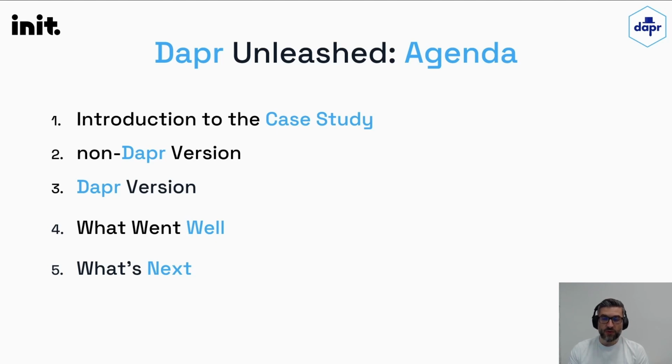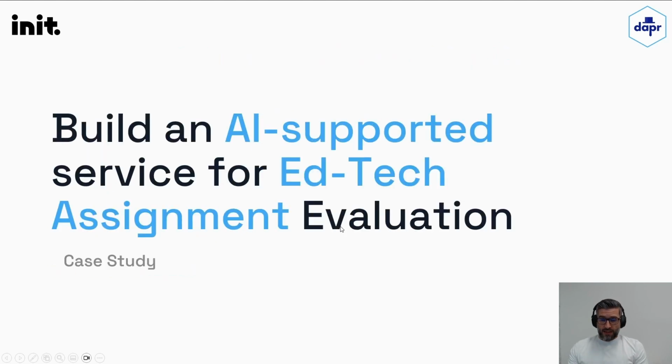During that, I will show the C# source code and point to only the most important code snippets from Dapr's perspective. Finally, I will elaborate on what went well from my team's perspective and what our next steps are.